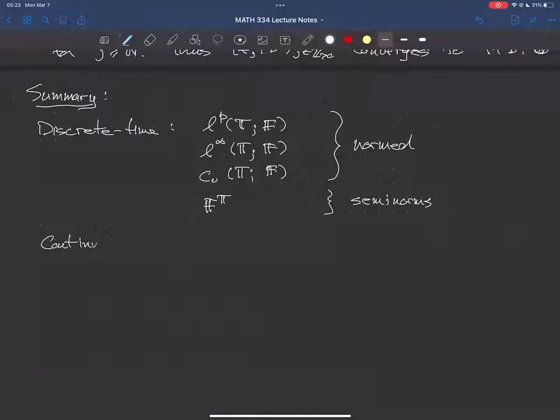Now, in the continuous time case, we had correspondingly these spaces, big L^p, and there's C0. These were normed.